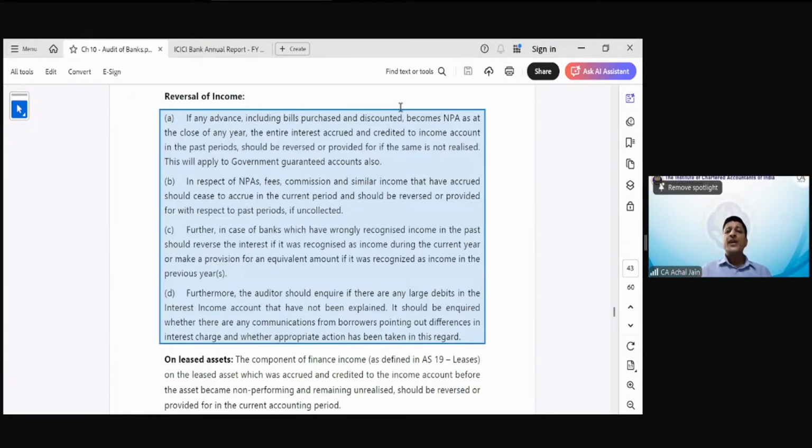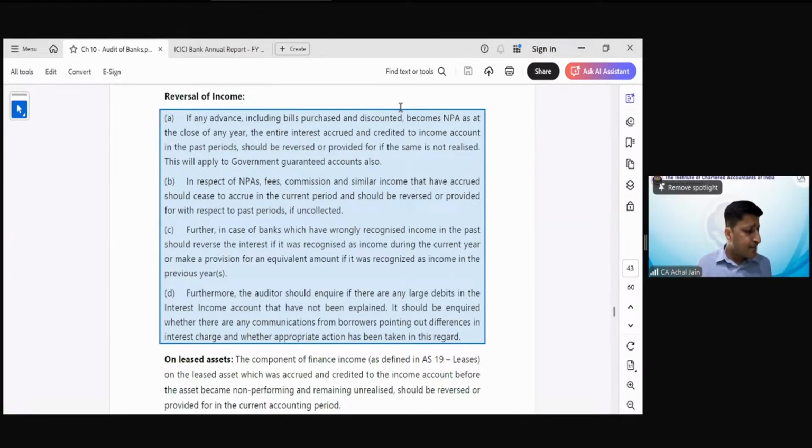The auditor should inquire if there are any large debits in the interest income account that have not been explained. Why? Because it may happen that there are some differences which are taken out and recorded over there, which is something unusual. So that's why the auditor needs to focus upon that aspect as well.